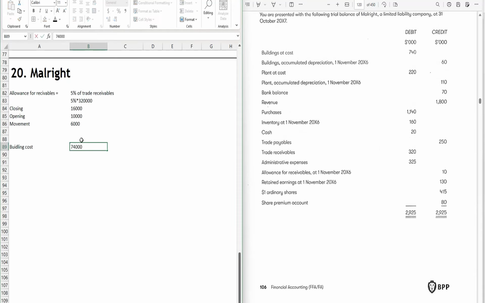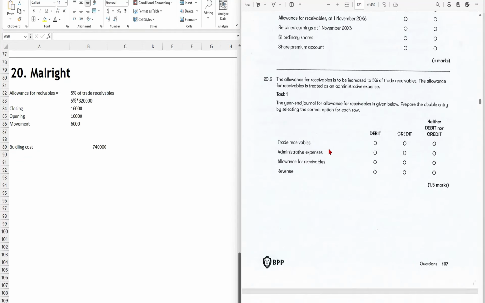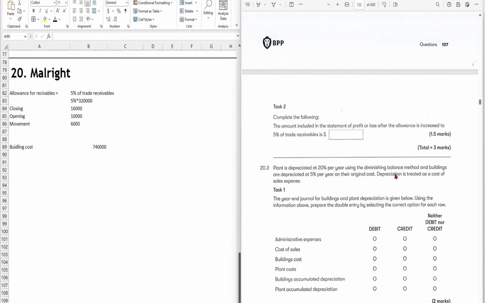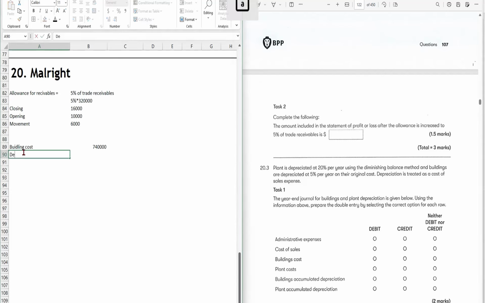Okay, and the question said to calculate depreciation using the reducing balance method. See, for the building, no. So the building is depreciated on the straight line method, which is 5% of the cost. So similarly, depreciation for this building will be 5% of this cost. It's very easy.